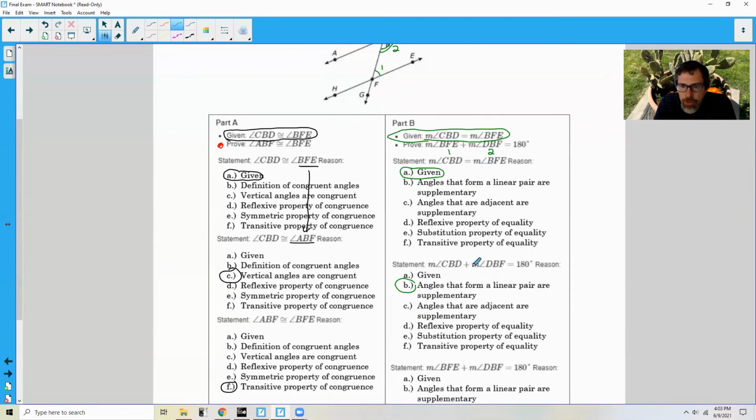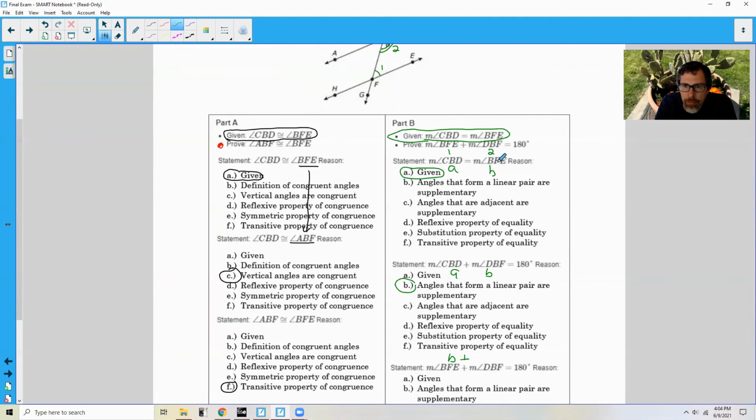So look at my two equations. So I have, let's call this A equals B. And now I'm saying A plus B equals 180. And then down here, I have BFE, let's call that B, plus DBF, I'm sorry, BFE is B. Let me get this straight.